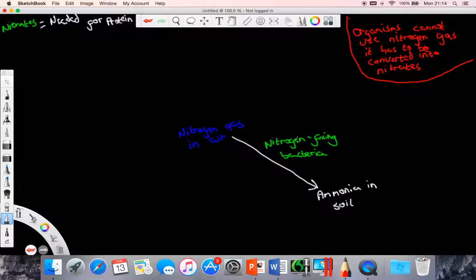Once it's in the soil, it needs to be converted into nitrates. Nitrates, again, which are in the soil, because remember, nitrogen cannot be used on its own. It needs to be used as a nitrate for proteins. So we've got nitrates in the soil, and they convert ammonia in the soil into nitrates.